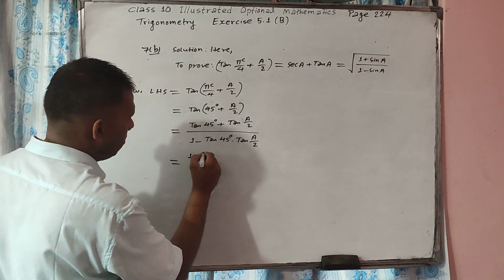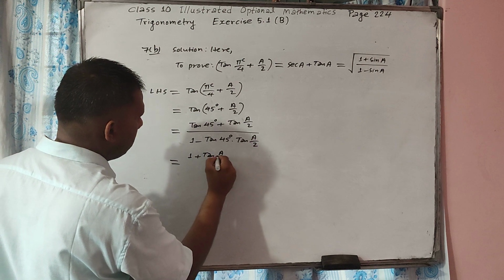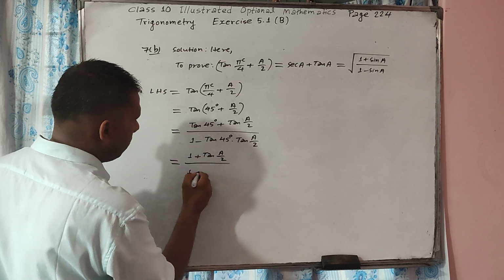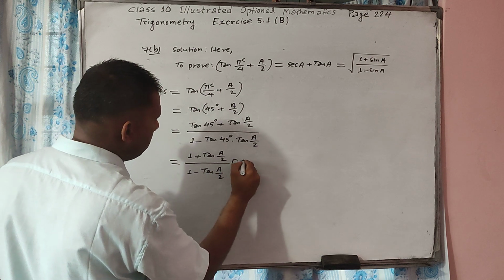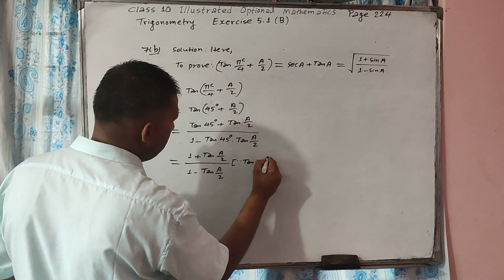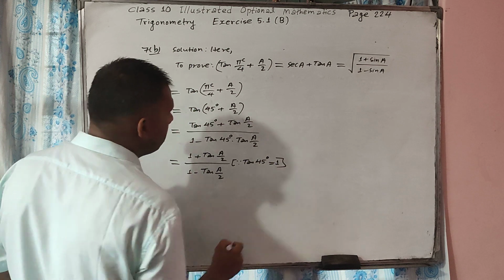So (1 plus tan(a/2)) all upon (1 minus tan(a/2)), because tan 45 degree equal to 1.